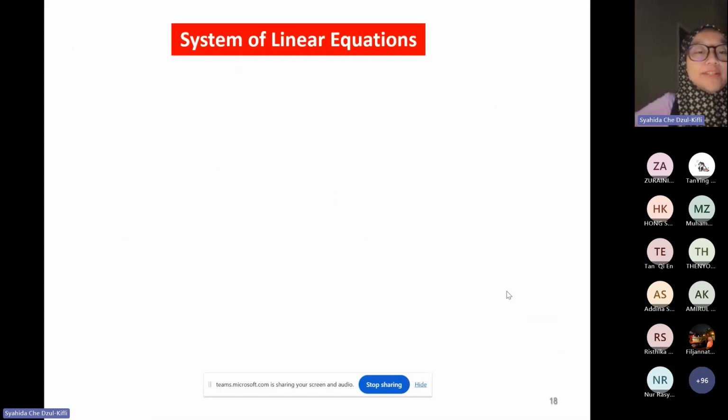Systems of linear equations. A system of linear equations is a system consisting of a finite number of linear equations with the same number of variables, where all linear equations must have the same number of variables.